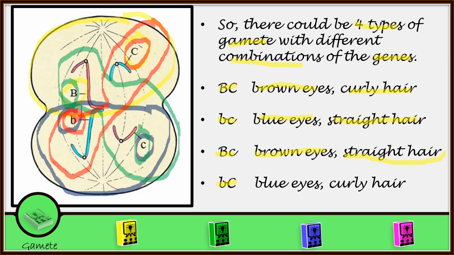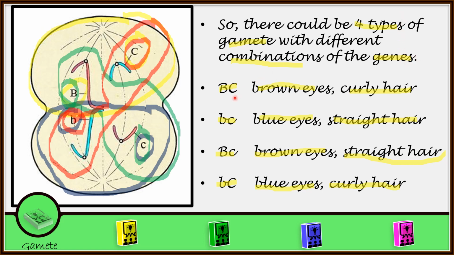So this gamete will now have blue eyes, and it will also have curl hair. So those are the possible combinations of genes. So we can end up having 4 gametes with different combinations of genes.